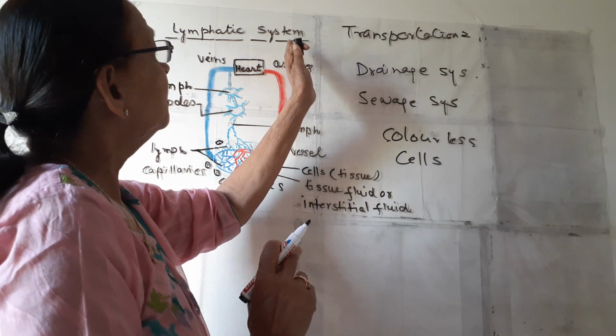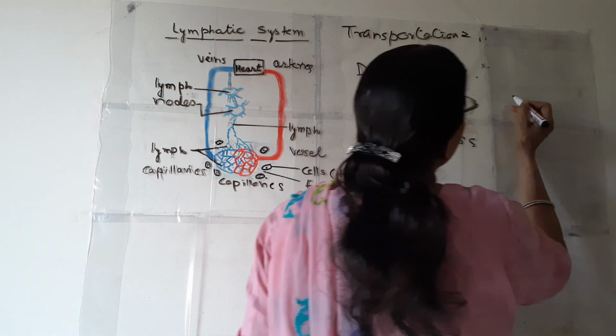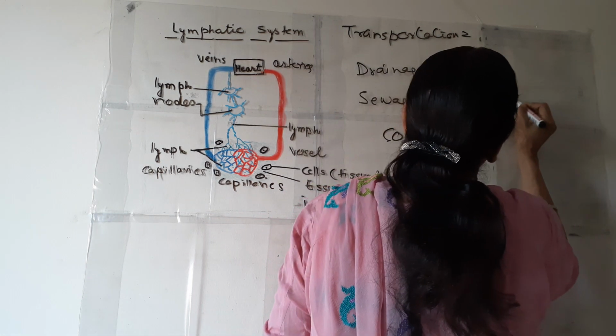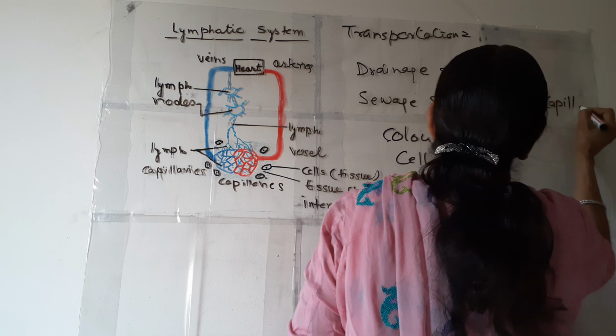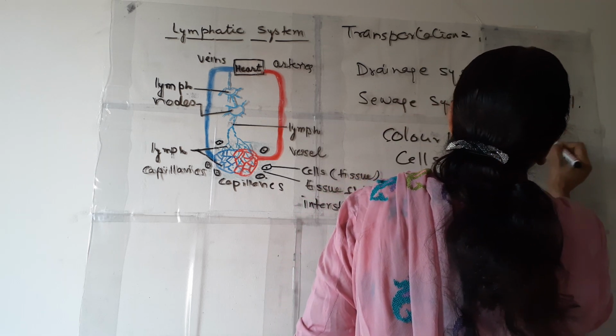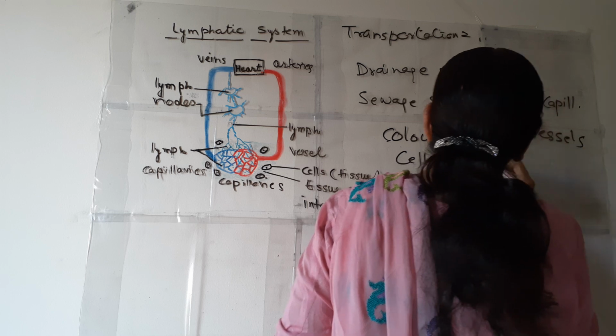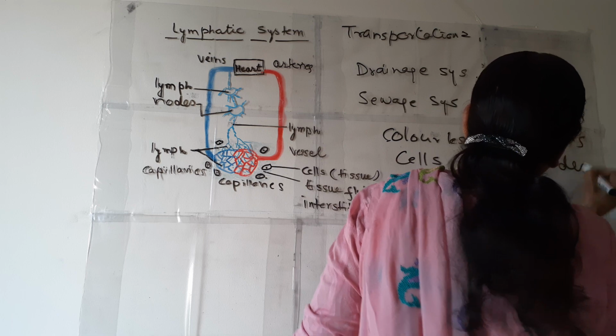Now, what are the different parts of the lymphatic system? First, it has lymph capillaries. Second, it has lymph vessels. And third, it has lymph nodes.